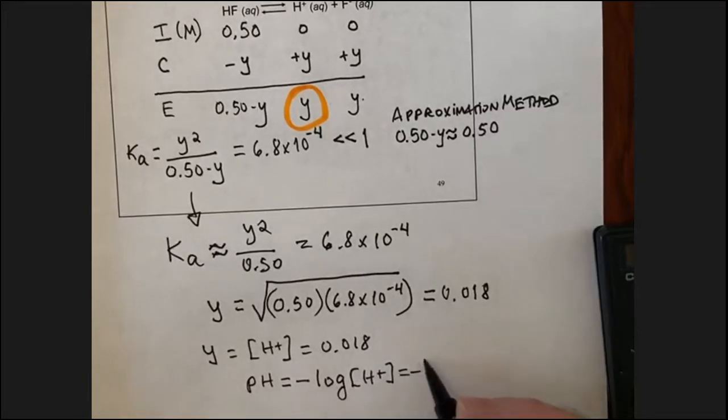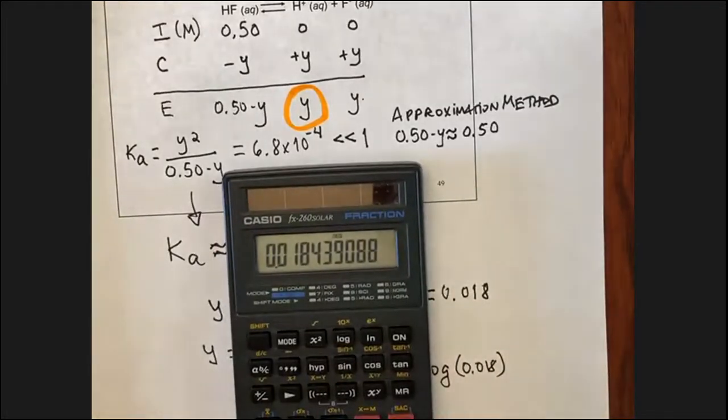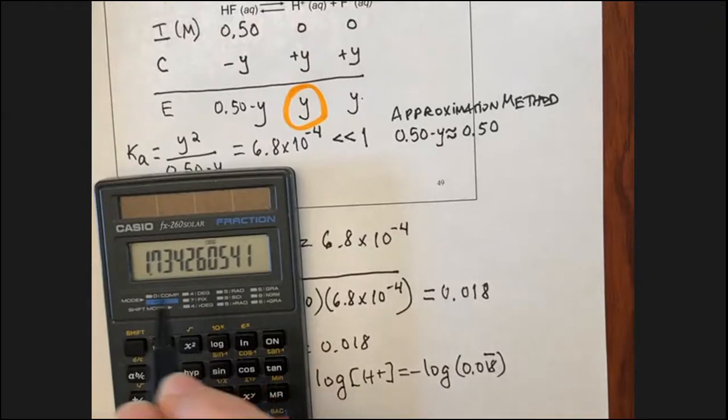In other words, minus the log of 0.018, which would be 1.73, and so on. Don't forget what we talked about in our previous class. When you're working with pHs, the number of sig figs in your input number is reflected in the number of decimals after the whole number.